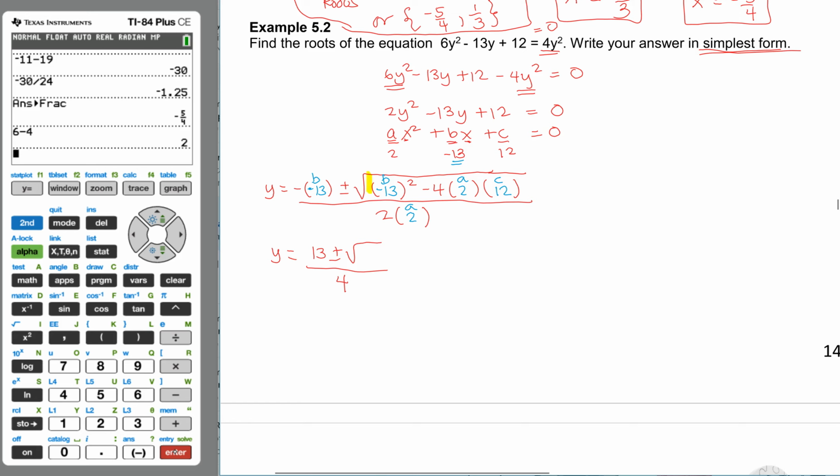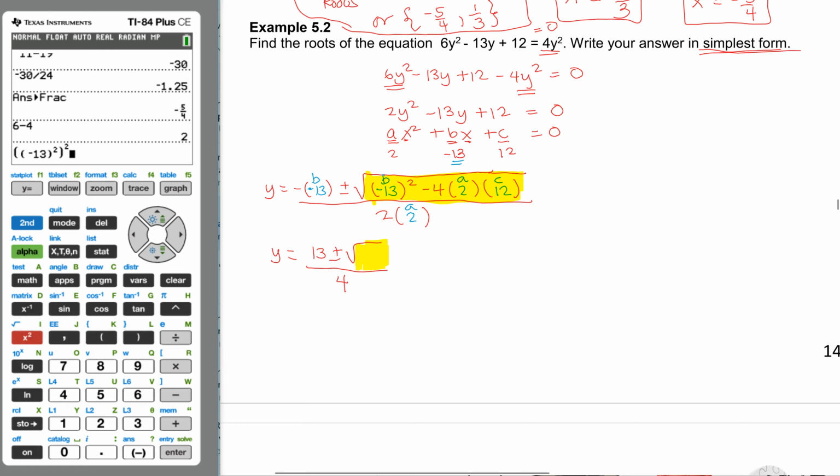And now you pay attention to what's inside the square root. This is the only part here that I do not want you to be confused about. So when you try to find the result there, just enter everything in the calculator. So we have negative 13 squared.